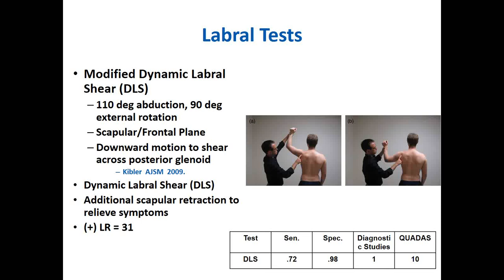The likelihood ratio of finding a positive test by this one study was 31, so that's very high. But again, as I just said a moment ago, this is only one study, so other people need to study that.